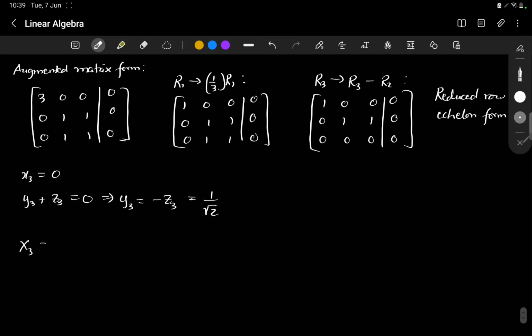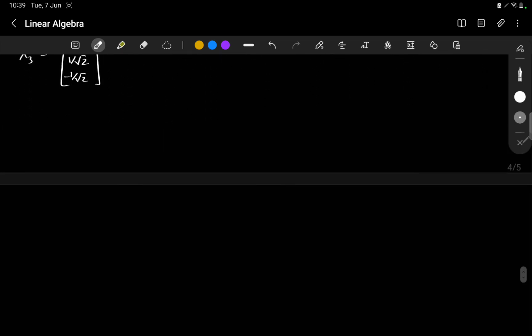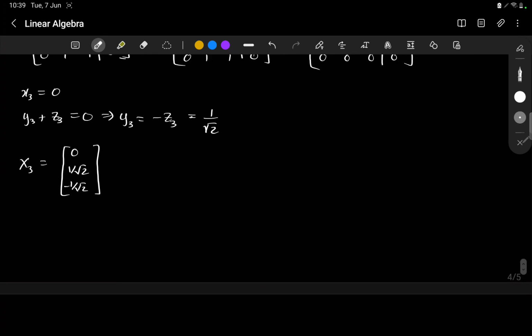So this gives us the third eigenvector as follows. So this 1 over square root 2 is to ensure that the eigenvector is normalized. So this solves the question, and let us finally write all the eigenvalues and the corresponding eigenvectors.